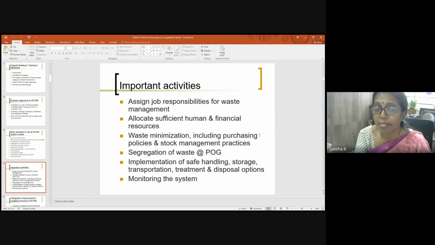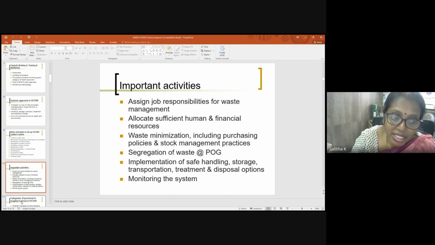Have policies in place which reduce waste, such as a green purchasing policy and good stock management practice, so that we do not end up with expired medicines or equipment. And implement safe practices in relation to handling, storage, transportation, treatment and disposal.